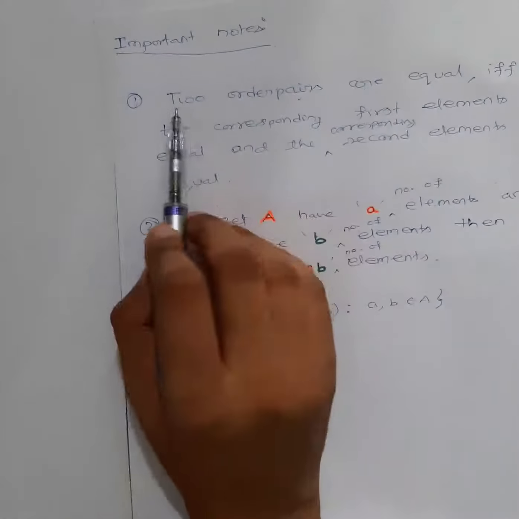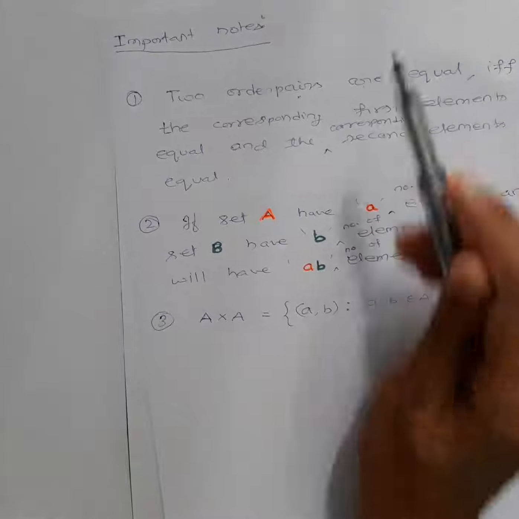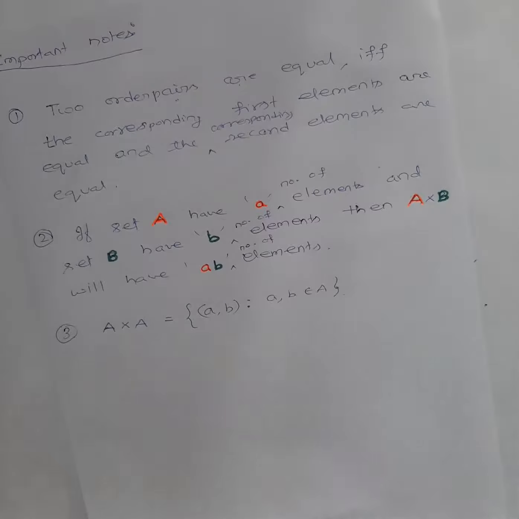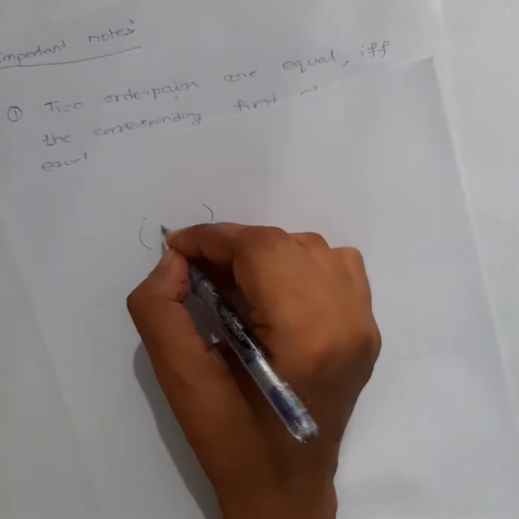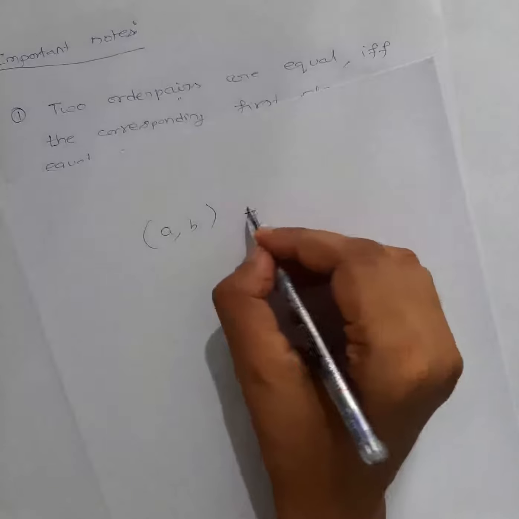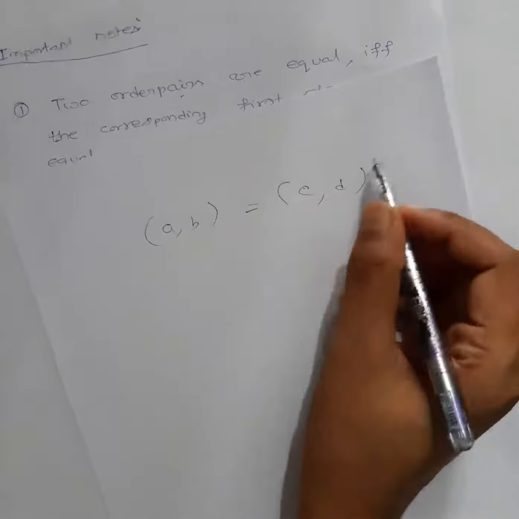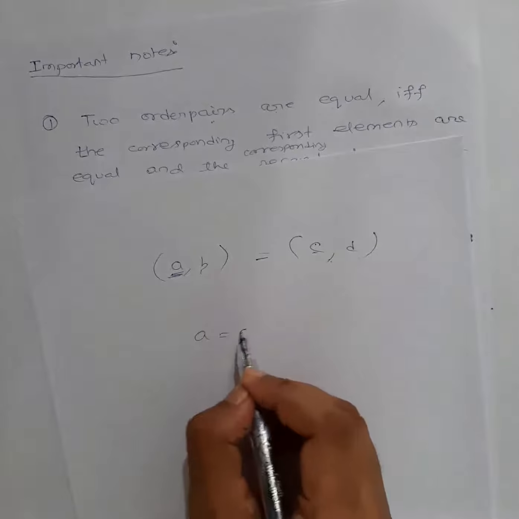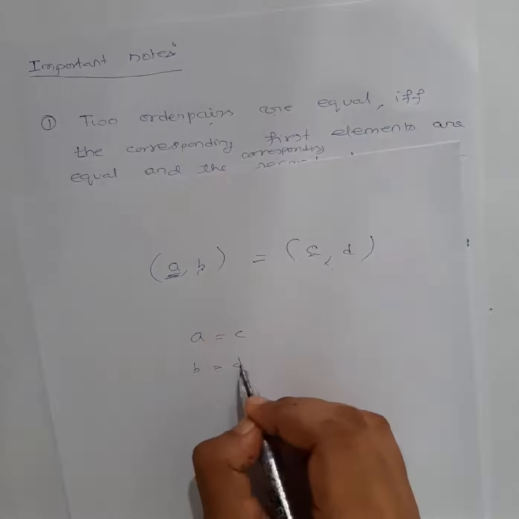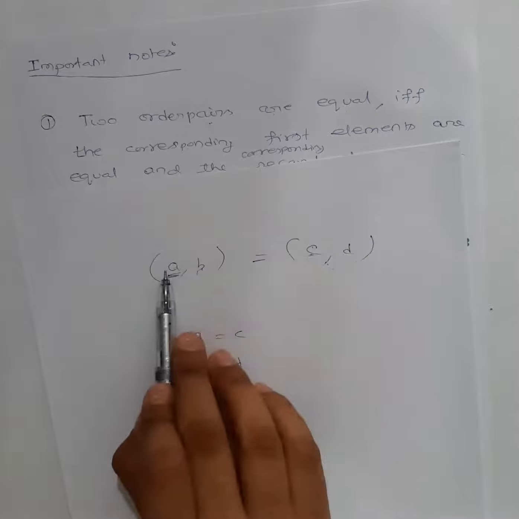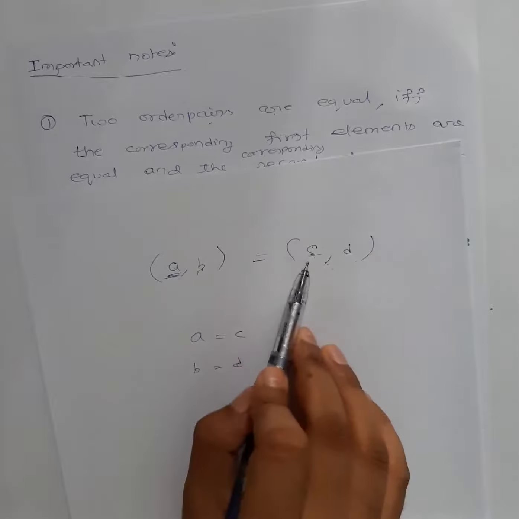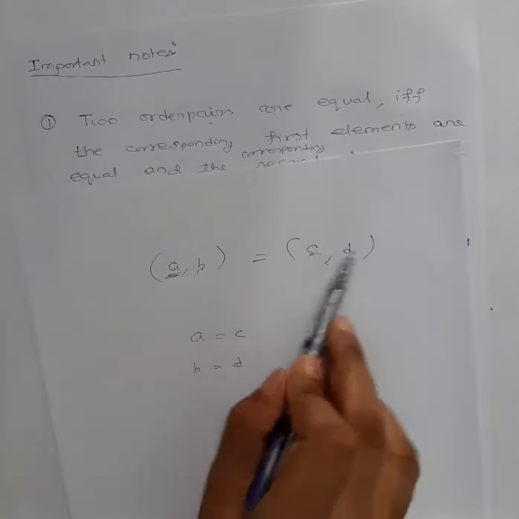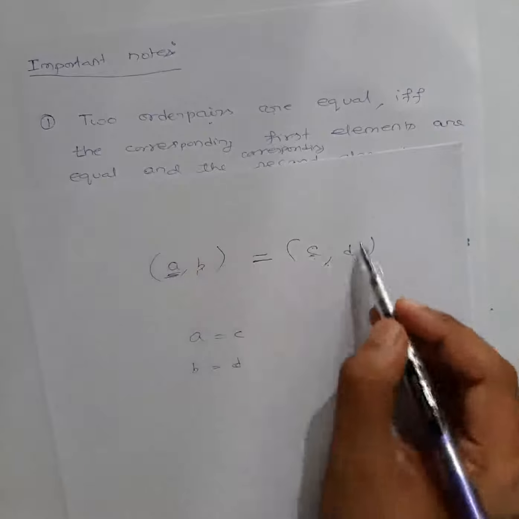So see here, the first note, what it says: two ordered pairs are equal, means if you have pairs, suppose like this, say A comma B. Now this pair and the other pair, say C comma D, you can say these two pairs will be equal only if the first element of this pair is equal to the first element of this one, means A must be equal to C and B is equal to D. If it happens, means the first element of this pair is equal to the first element of this pair, and the second element of this pair is equal to the second element of this pair, then only you can say that this ordered pair is equal to this ordered pair.